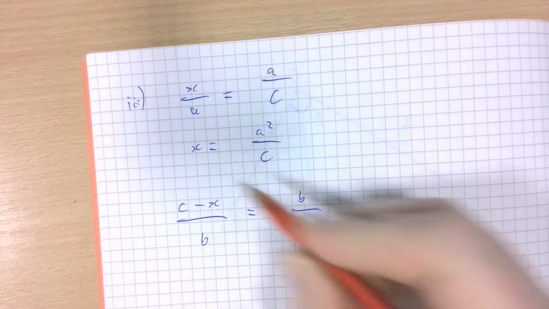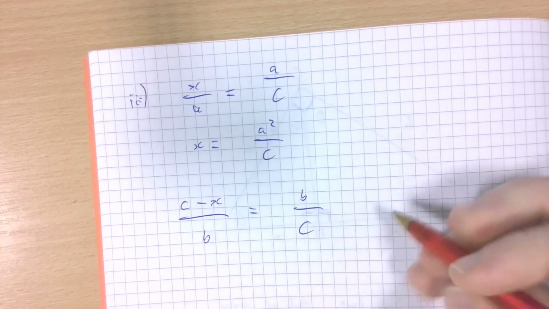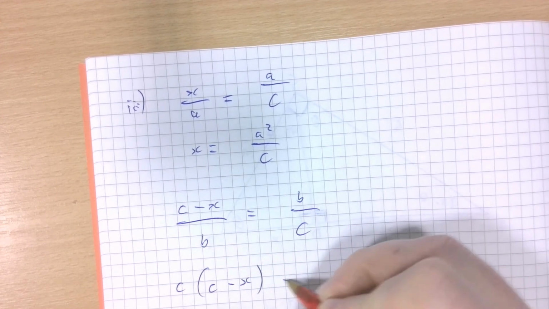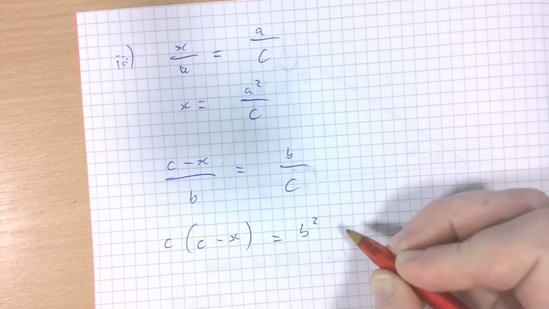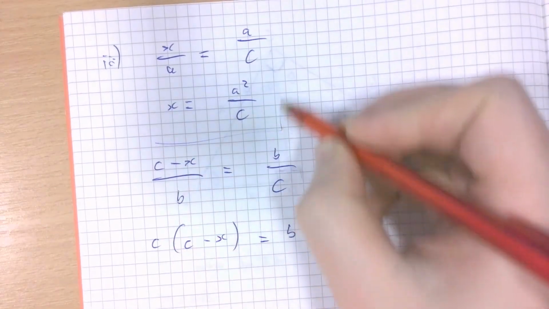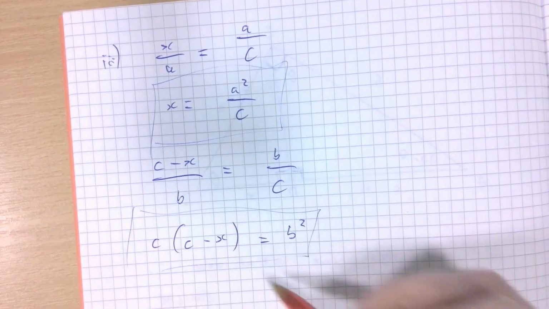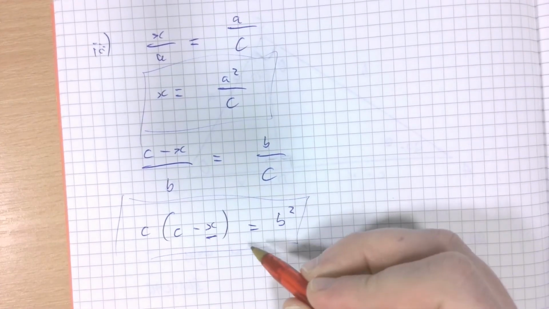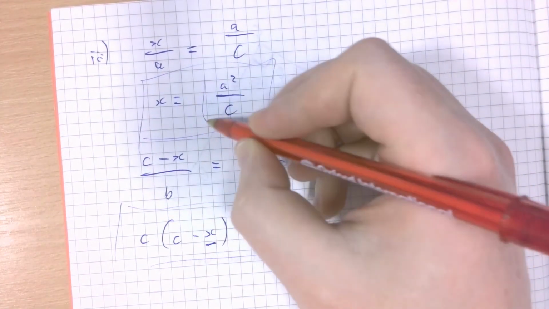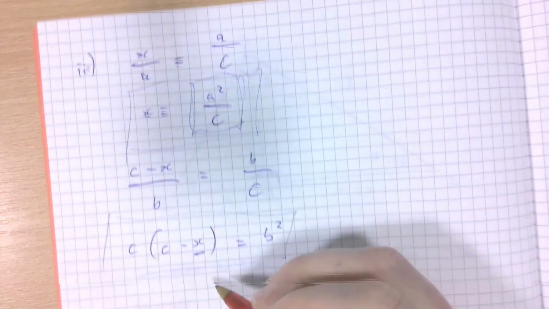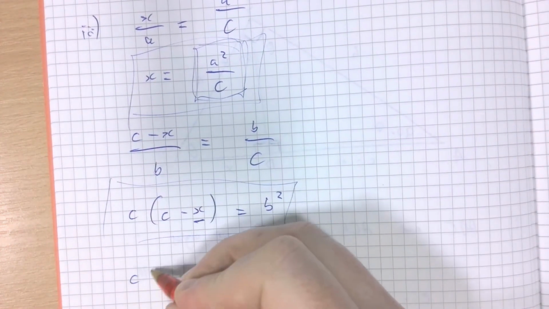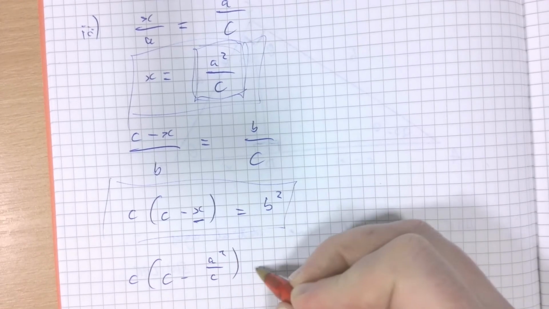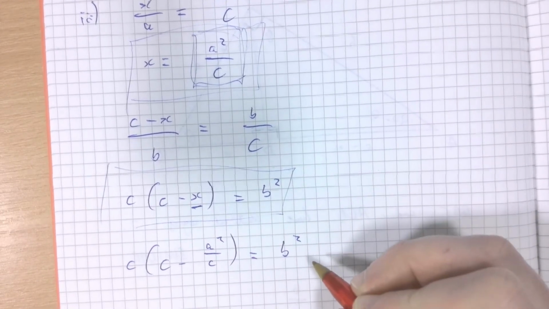If I times both sides by c and times both sides by b, I get c, open bracket, c minus x, equals b squared, which is absolutely fine. These are the two statements I'm going to use. Effectively, I'm going to replace the x in this statement with its value from this statement. So it becomes c, open bracket, c minus a squared over c, equals b squared.